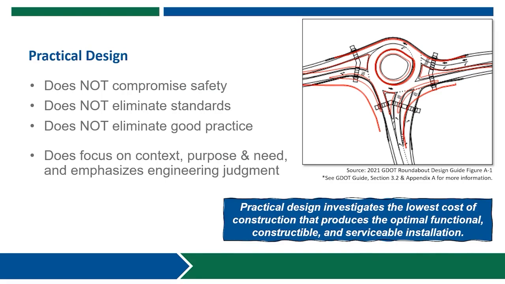Eliminating lower priority project design elements can result in lower cost and improved value without adverse effects on safety and capacity benefits. The upper right corner is an example from Appendix A in GDOT's roundabout guide. This was a roundabout that had been designed with several right turn bypass lanes, and they were able to review the operations.